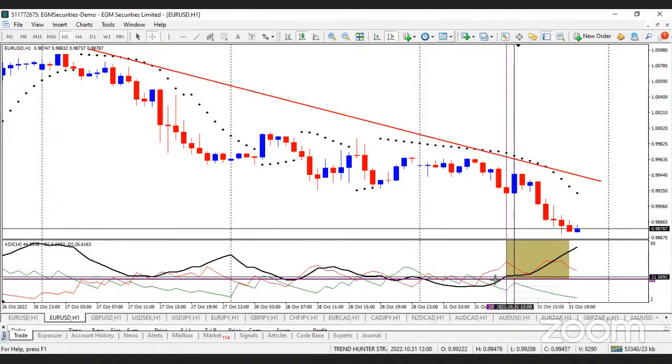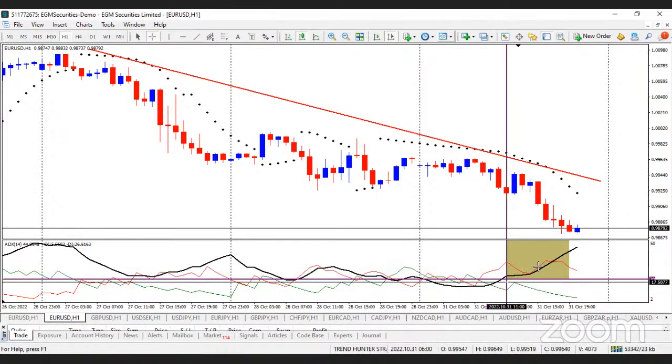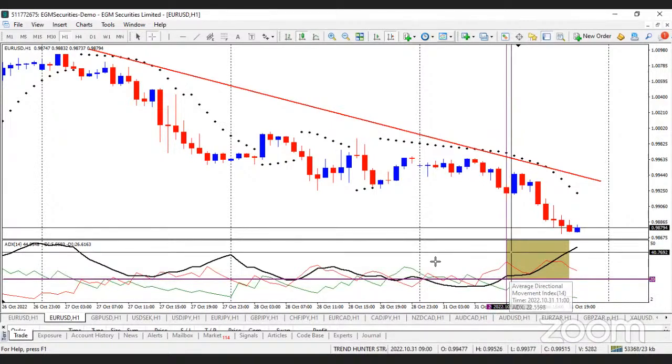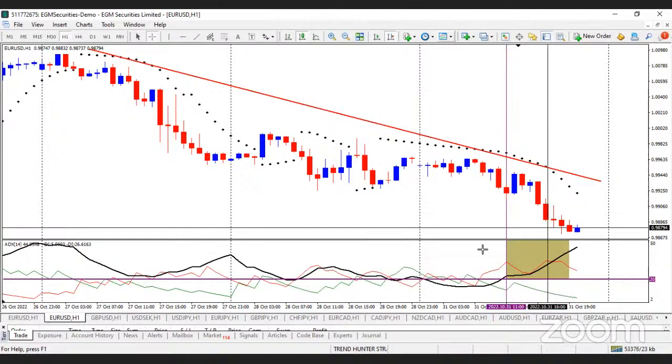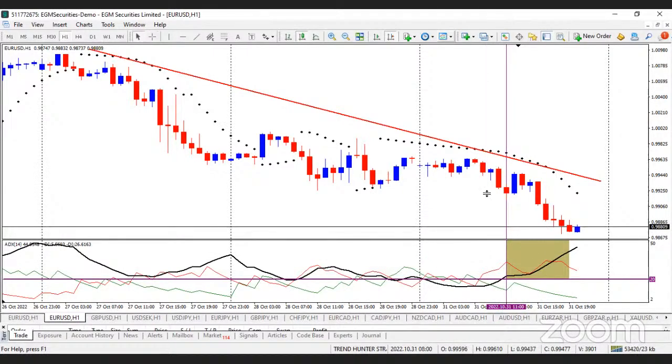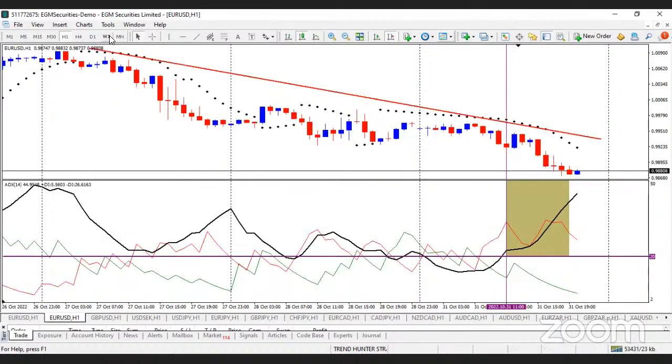that's when ADX gave us a signal of increasing momentum. From that point onwards, when it rose above 20, and you check the other two lines, negative DMI and positive DMI, you'll notice that these two lines were indicating an increasing negative momentum. The red line is negative DMI and the green line is positive DMI.